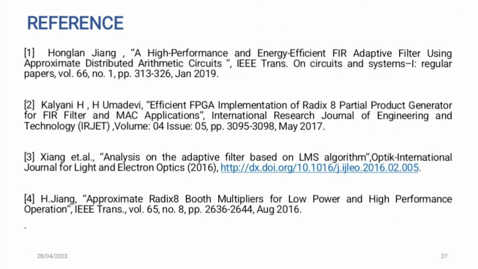Let's get into the conclusion. The proposed FIR adaptive filter can be implemented in biomedical applications and digital signal processing. In biomedical applications, the FIR adaptive filter is used to detect or remove the artifacts or noise produced from EEG signals, ECG signals, and ENG signals, and the different kinds of signals can be filtered by reducing the artifacts and noise, giving the pure signal, which shows a clear view of the problem in our body.